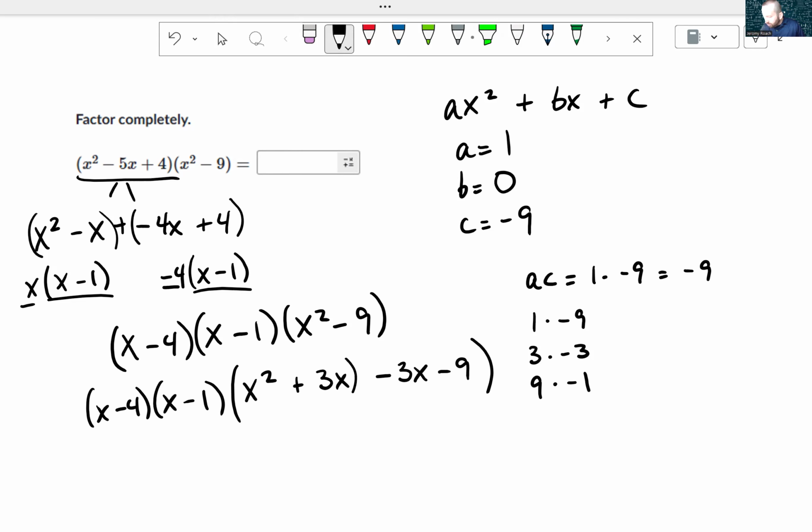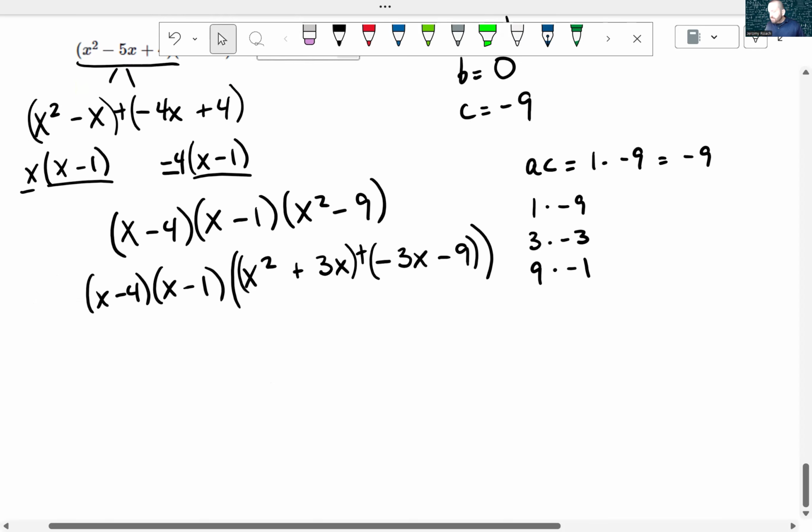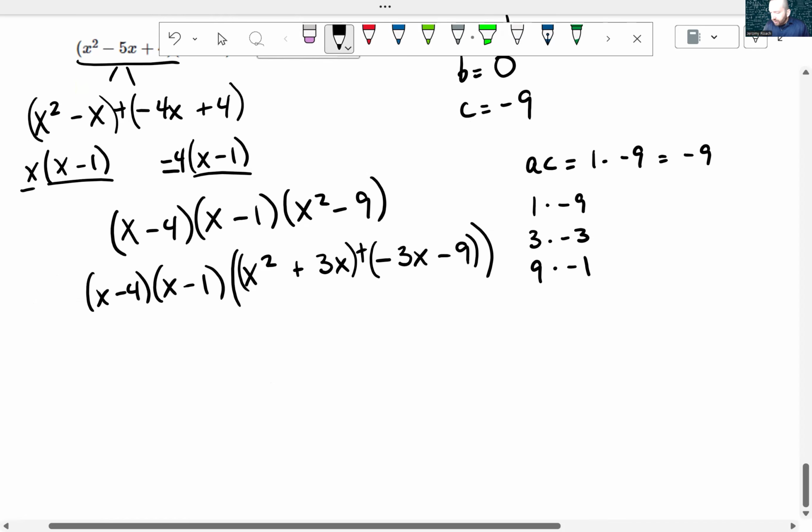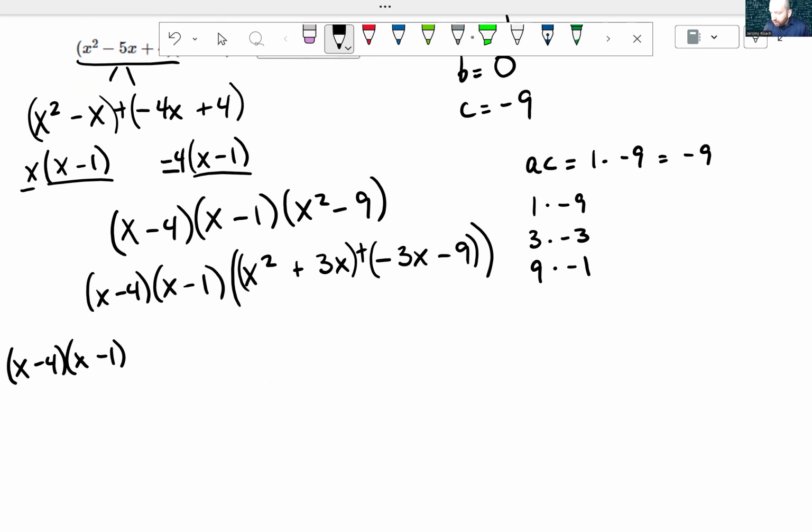And I'm going to just put parentheses here and put a plus between them. I'm going to write the x minus 4, x minus 1 on the outside. And I'm just going to put brackets now because we got so much stuff going on over here. And brackets are the same thing as parentheses. But when we have double and triple parentheses, it's easier to see it with a bracket.